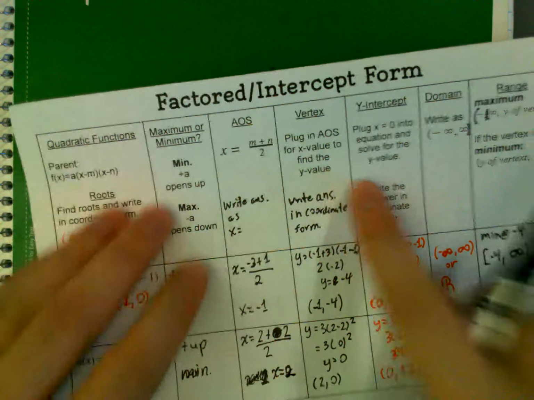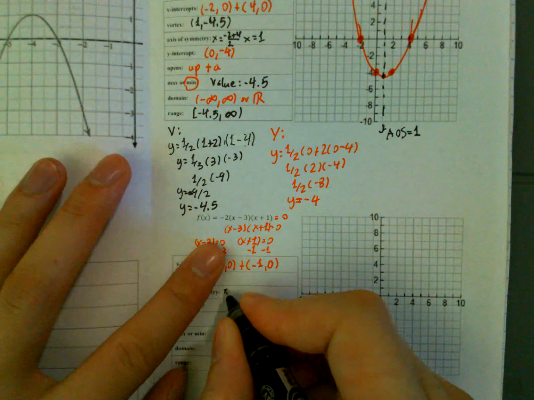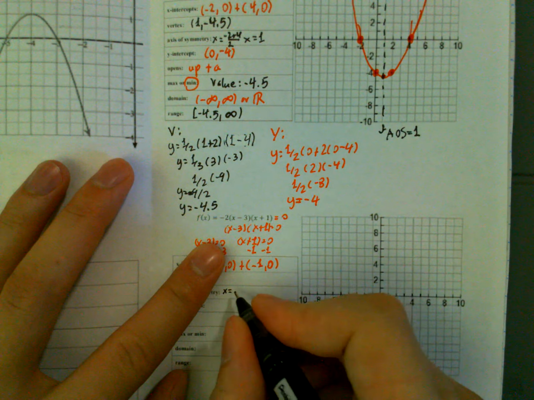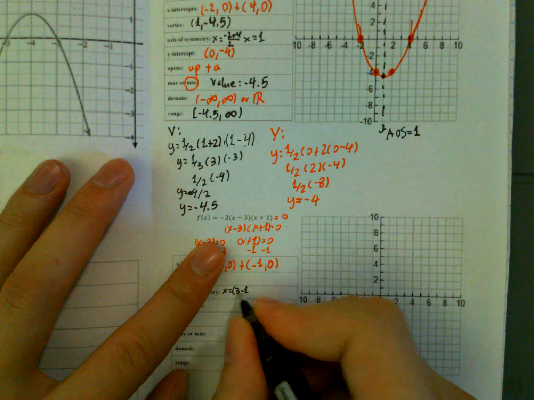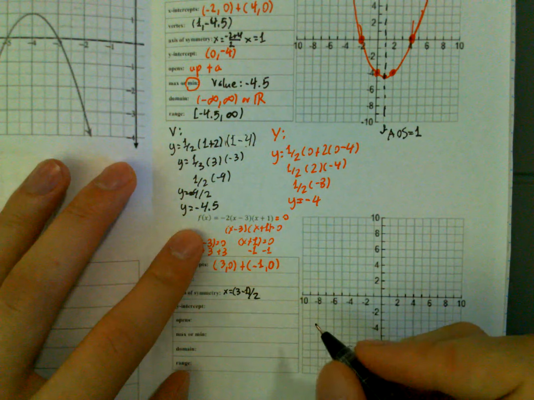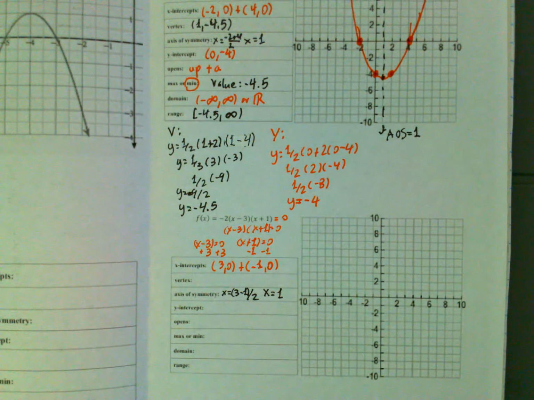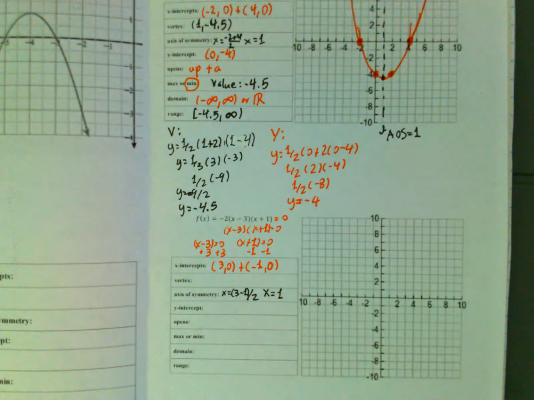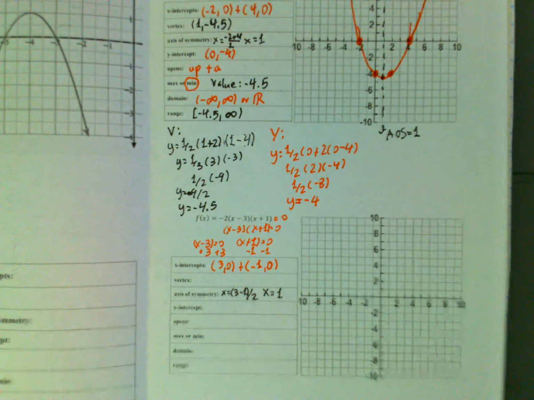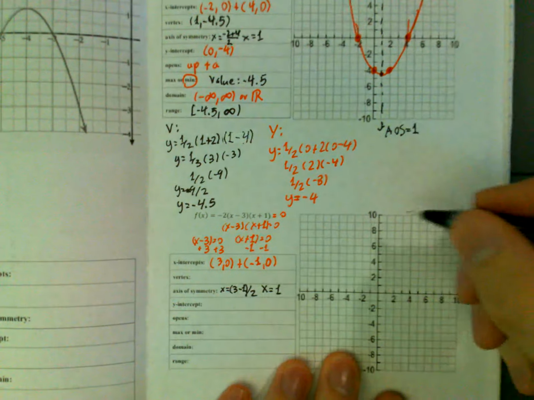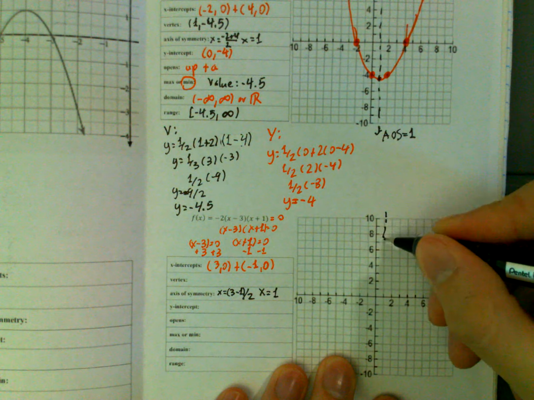For vertex, we need to find the axis of symmetry first. So for the axis of symmetry, we have x equals 3 minus 1, all divided by 2, and I get that x equals 1.